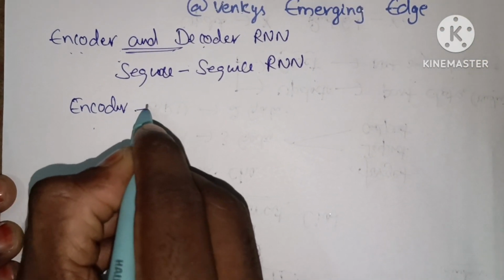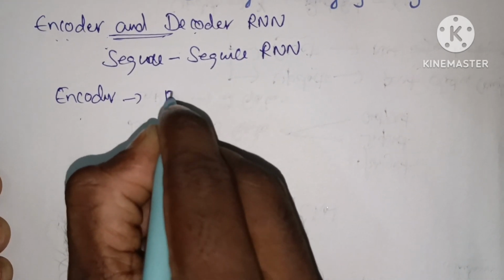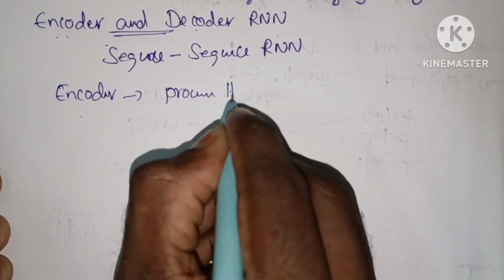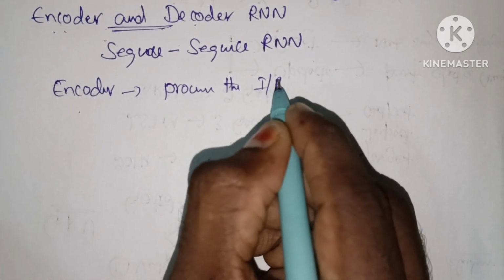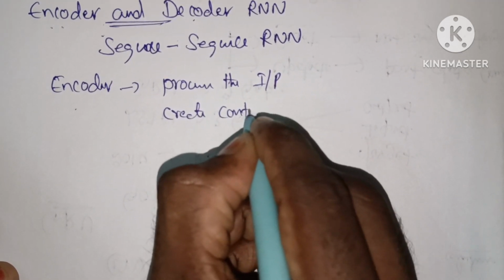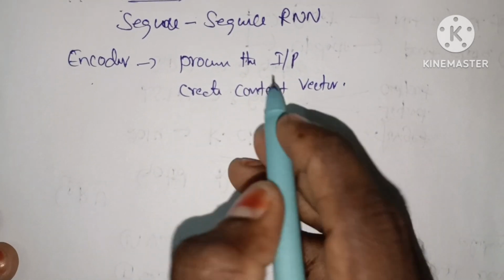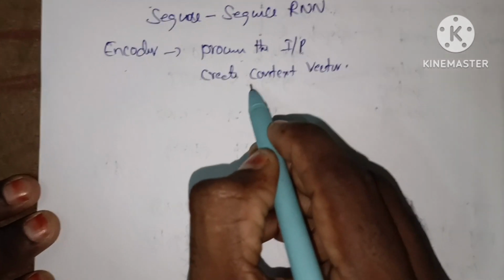The encoder processes the input and creates the context vector.